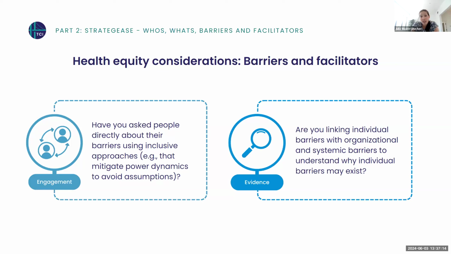And sometimes we need to link those individual barriers with the organizational and system barriers. So it's not just what an individual might be experiencing, but as people have already alluded to in the chat, there's things happening in Texas that might affect the combination of that person and living in Texas that impacts the barriers or their reasons for changing.